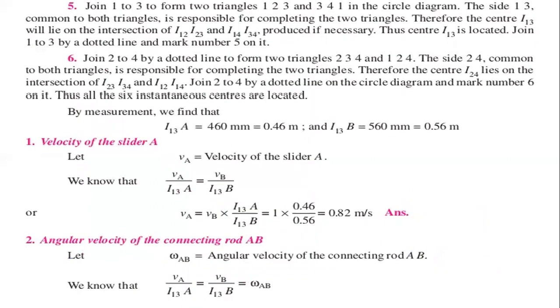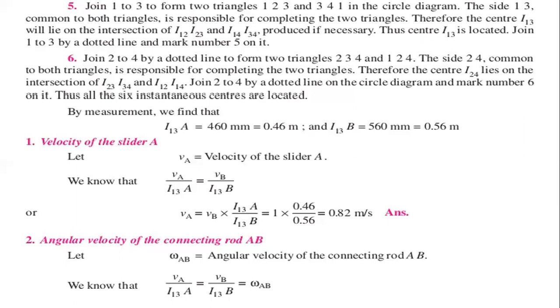Next we are going to join the 1 3 line. From the two triangles, which form 1 2 3 and 3 4 1 in the circle diagram, we have got two triangles from the divided line 1 3.